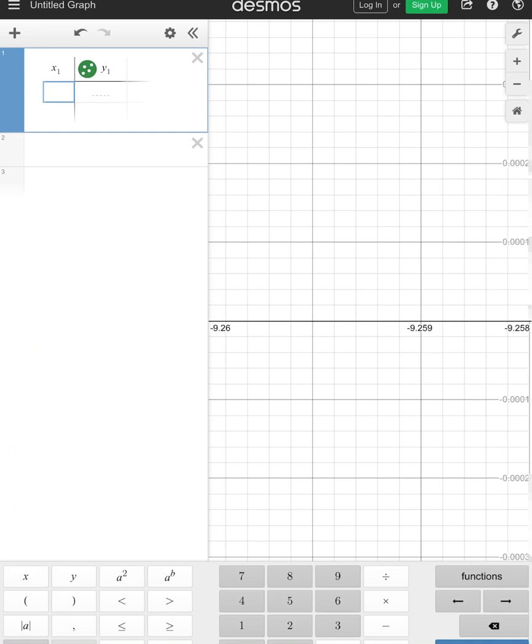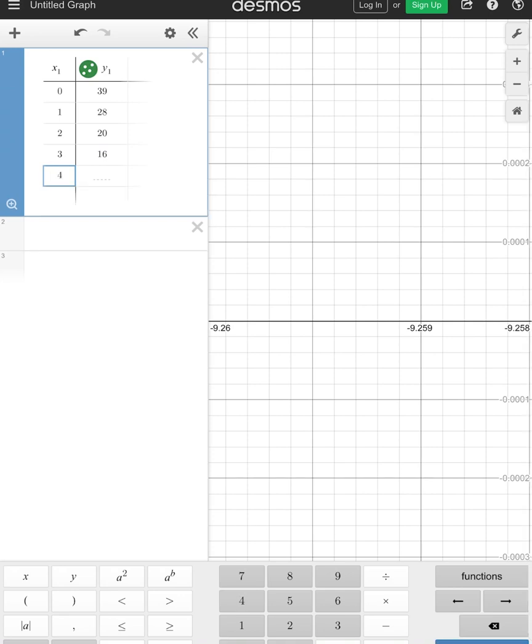I want to add a table, and I will have 0, 39. 1, 28 will be my next entry. 2, 20. Next will be 3, 16. And the last entry is 4, 18.